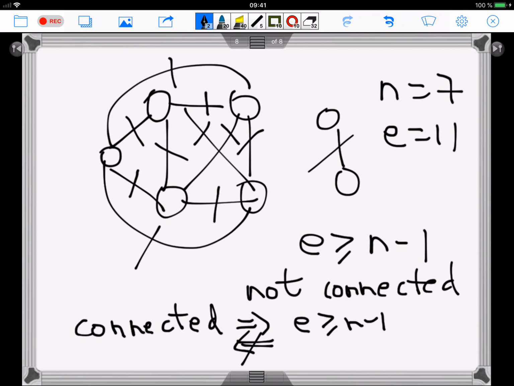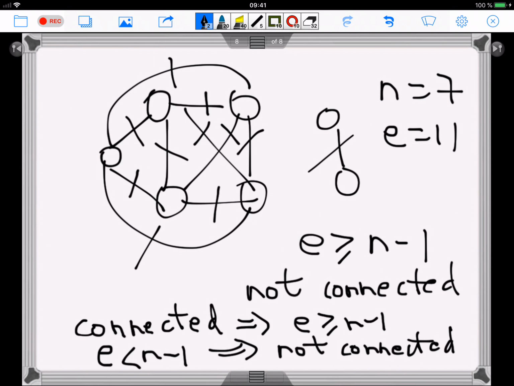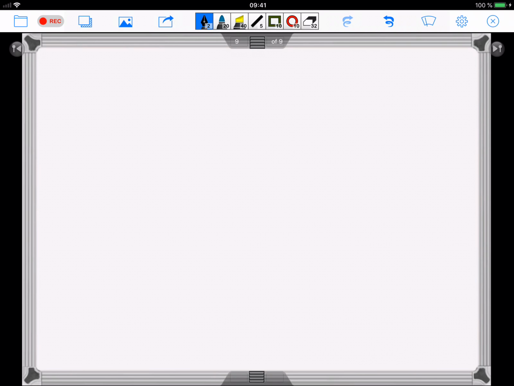Okay, what we do have is that if E is less than n minus 1, then the graph is not connected. We do not have enough edges for the graph to be connected, because the minimum number of edges for the graph to be connected is n minus 1. Okay, so with this warning in place, let me show you how to prove the result.